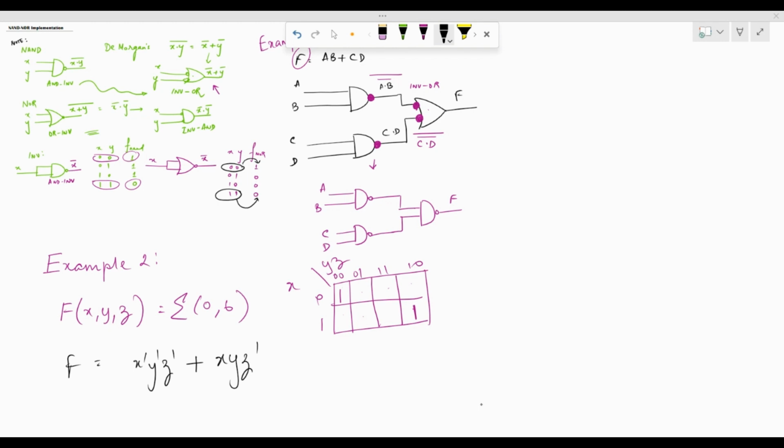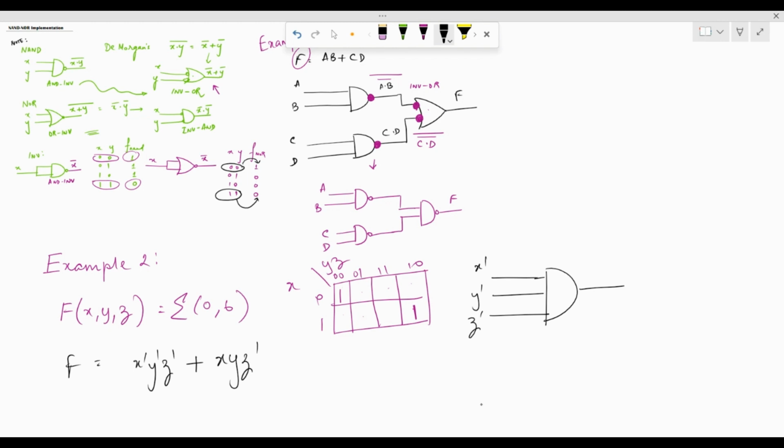Now let me directly implement it. I have x dash, y dash, and z dash as the inputs. I'm considering that the inverted versions of the inputs are available. So all three put together, this is the first term.